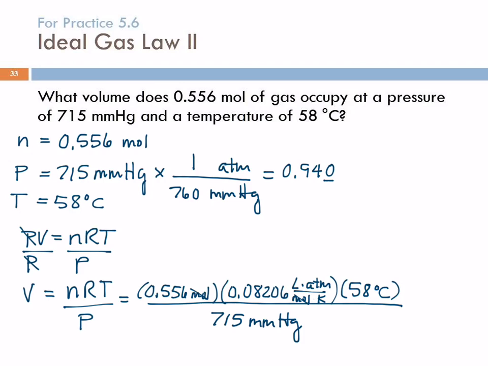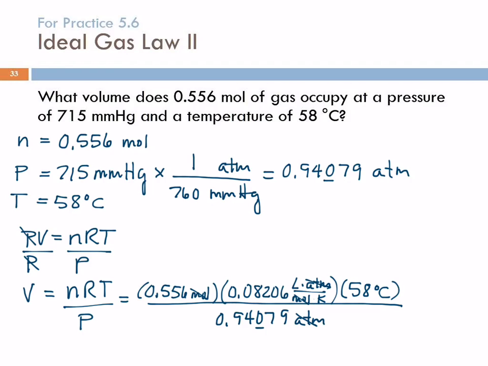I had 3 significant figures in my original number there. I'm going to carry 2 extras because I don't want to have some rounding errors. So 0.94079 atmospheres. So I'm going to go down here and I'm going to erase that and write in atmospheres instead. Oh, there, that's better. ATM's canceled. Degrees Celsius and Kelvin.